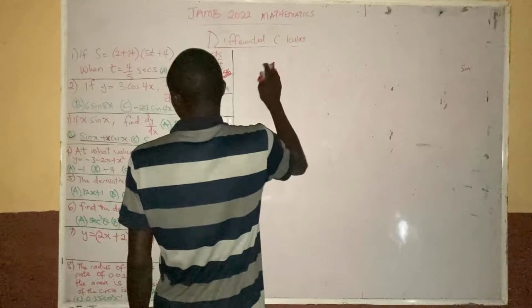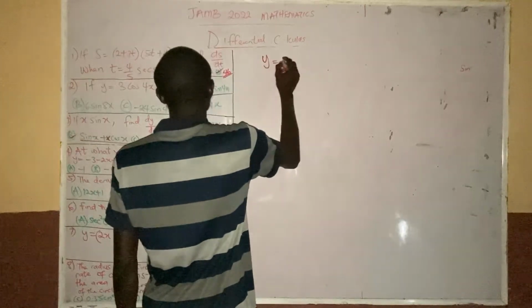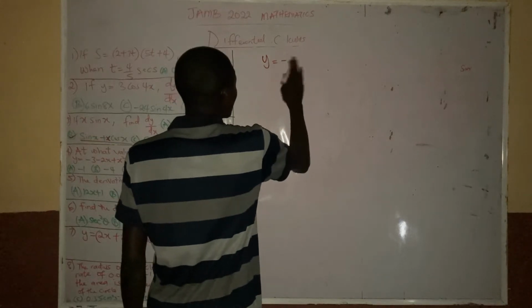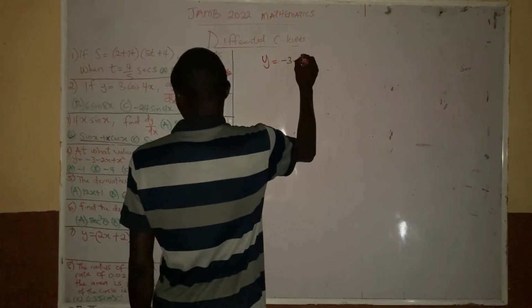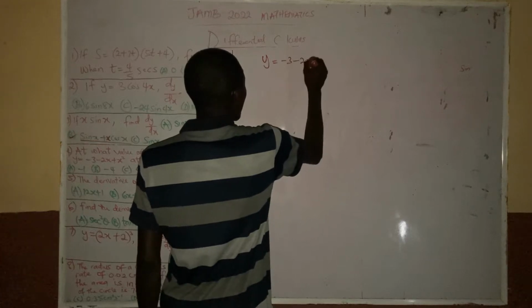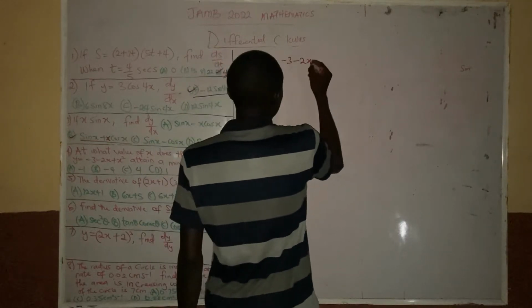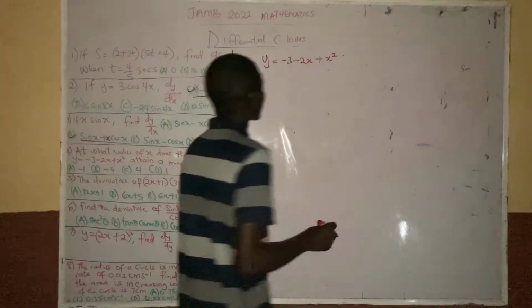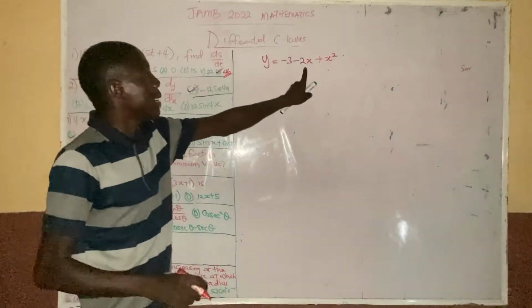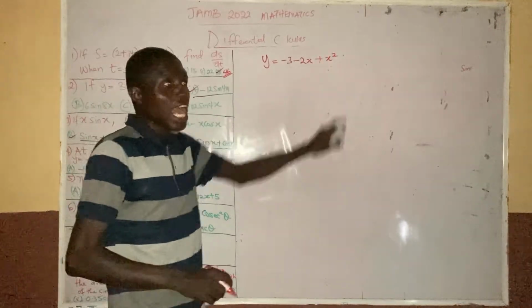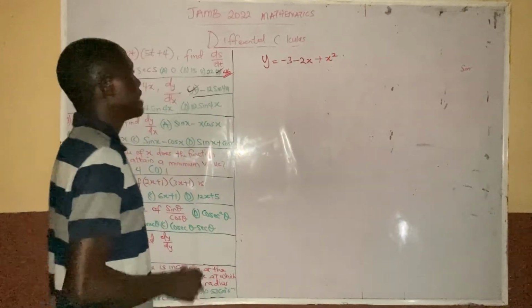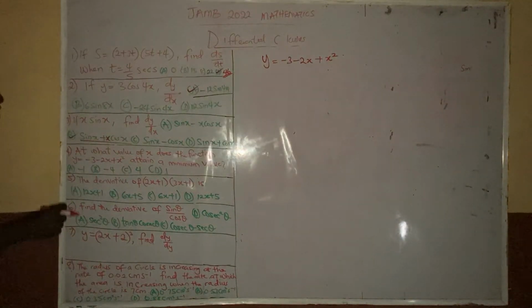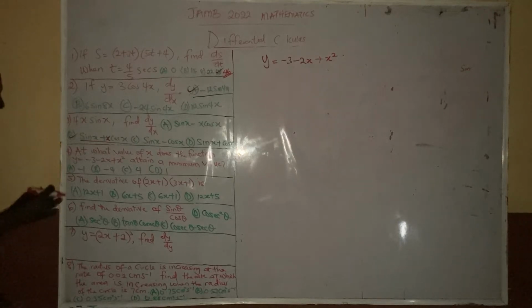Now, we have the function y equal to minus 3 minus 2x plus x squared. Now, how do we find what value of x this function attains a minimal value?